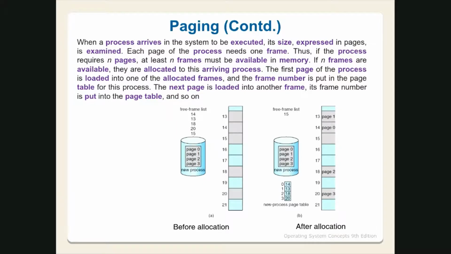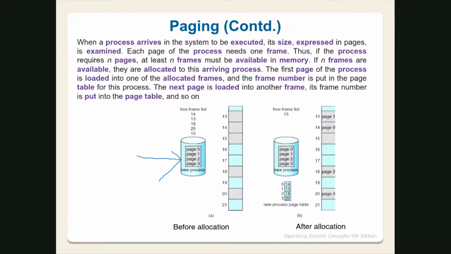This new process is broken into a certain number of pages. How many pages does it have? 1, 2, 3, 4 pages. So it's in page 0, page 1, page 2, page 3.